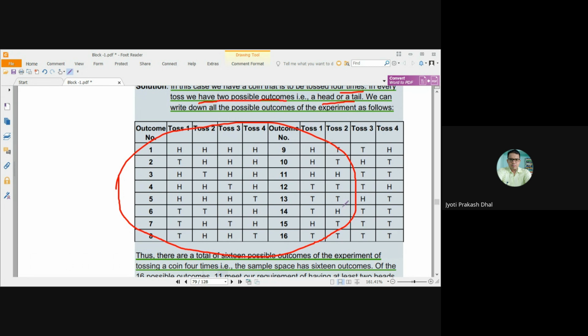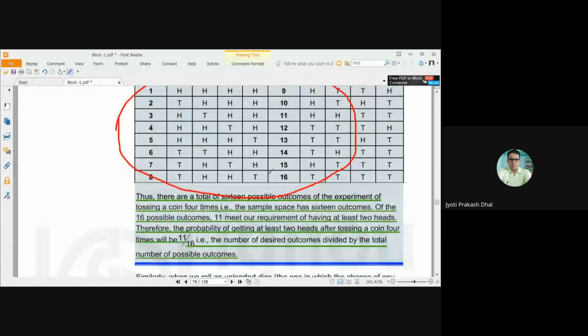Out of the 16 possible outcomes, our requirement is to get heads at least twice. So if we count, there will be 11 outcomes that meet our requirement of having at least 2 heads.